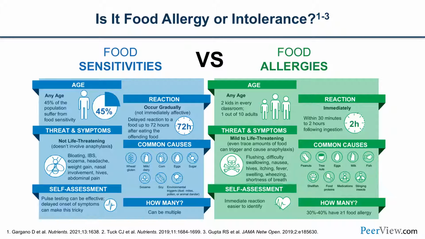Again, in the United States, this is typically due to the top 9 foods: peanuts, tree nuts, eggs, milk, fish, shellfish. It also can be due to medications or stinging insects. And for food allergies, a patient can have one food or many food allergies.